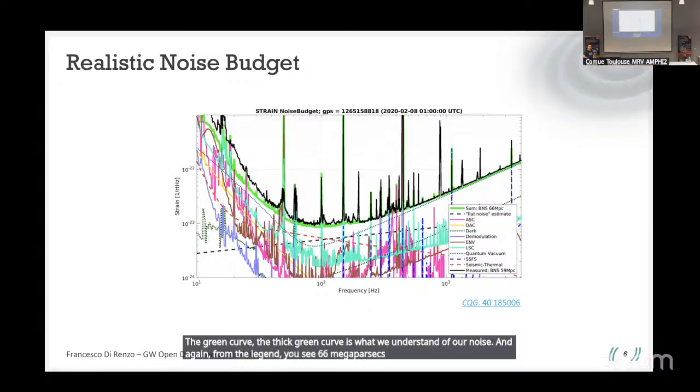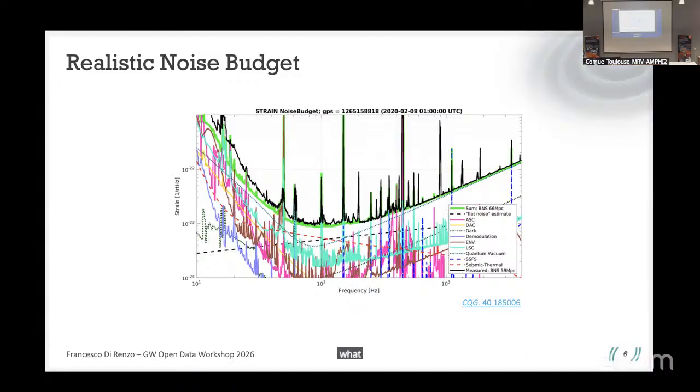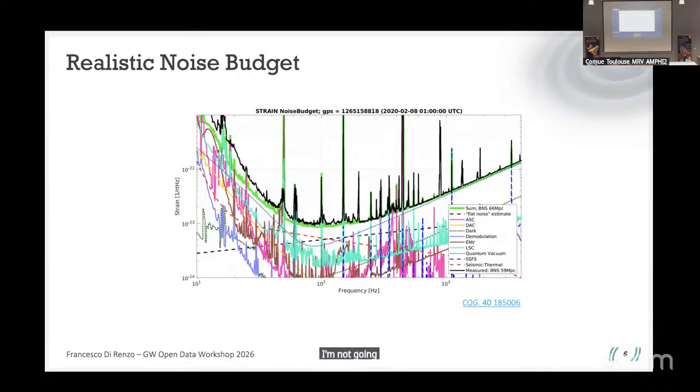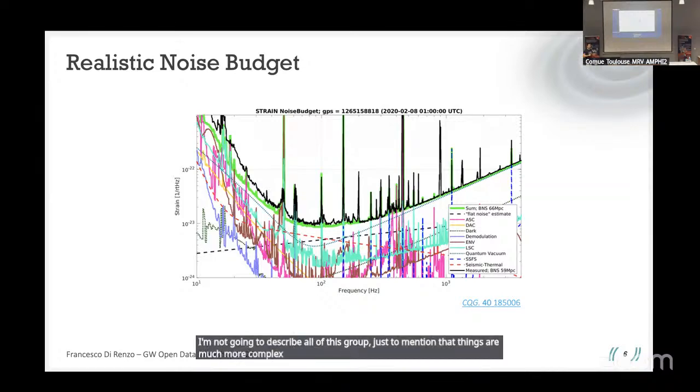There are 7 megaparsecs that we cannot understand why they are missing from our noise budget. This is from O3, from the Virgo detector characterization paper from O3. I'm not going to describe all of this, just to mention that things are much more complex than what we actually understand. I quantify how much we don't understand as 7 megaparsecs, which is the distance between these two curves.